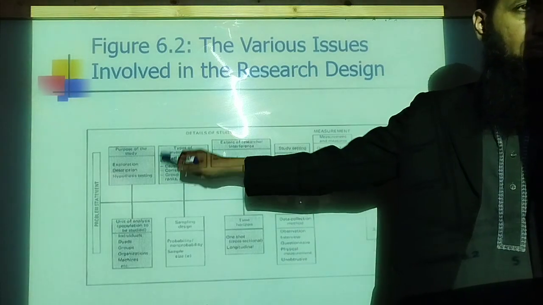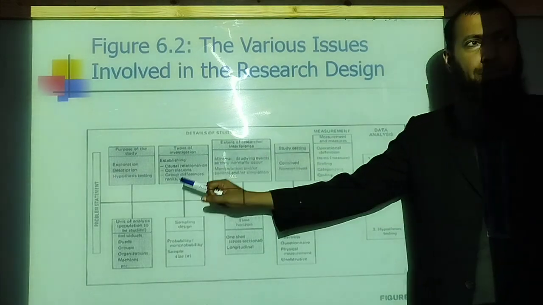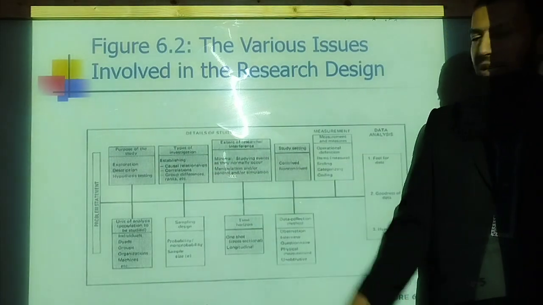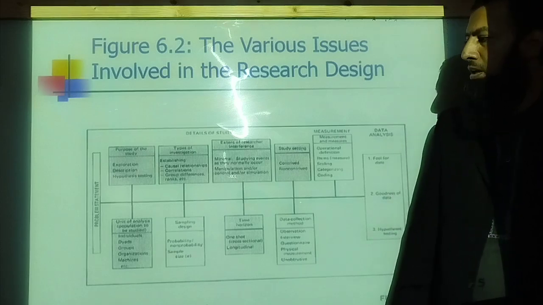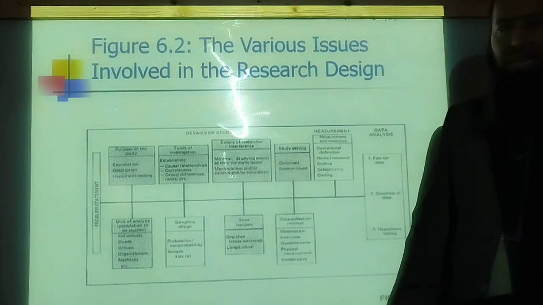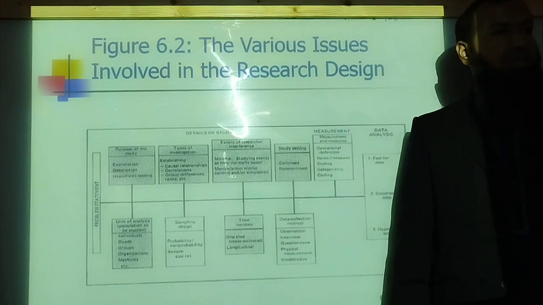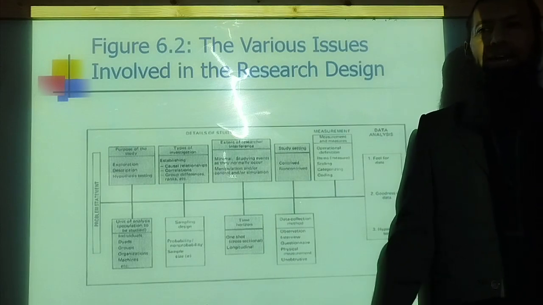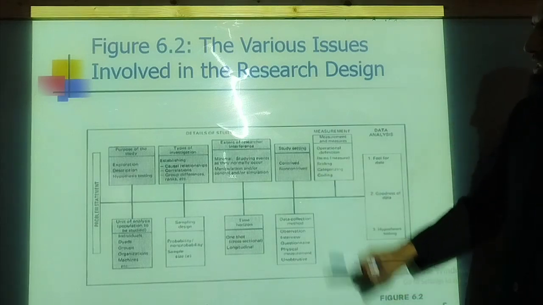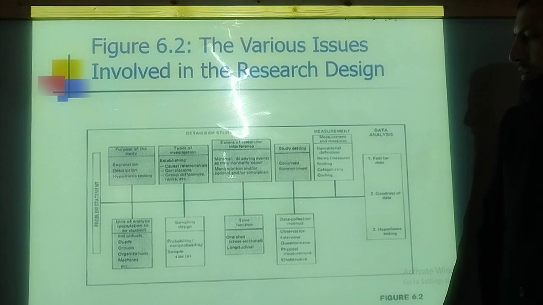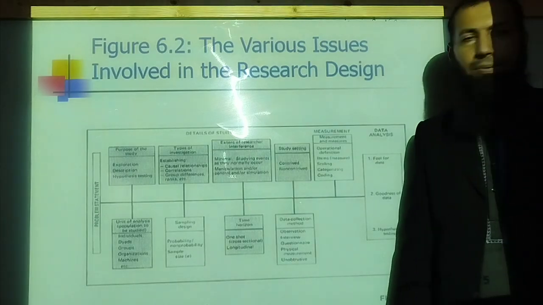The first one is the purpose of the study. Second is the type of investigation. Third is the extent of researcher interference. The fourth is study setting.